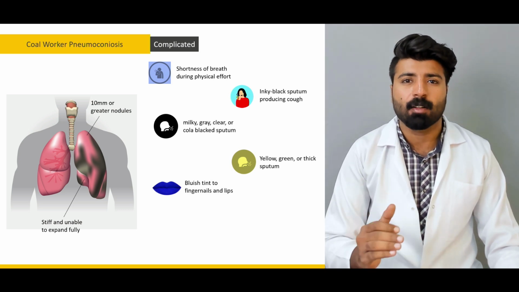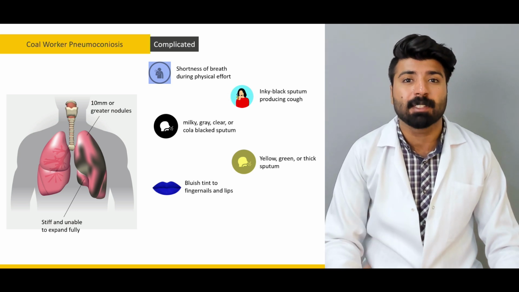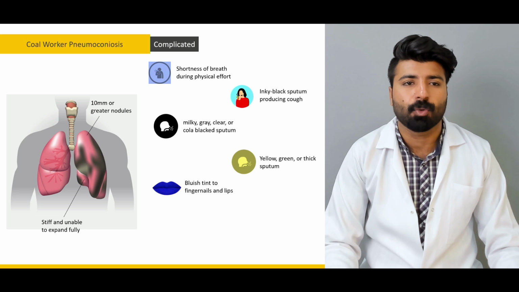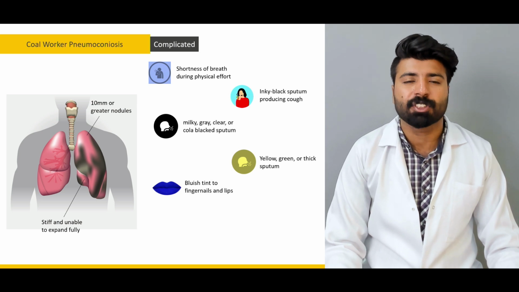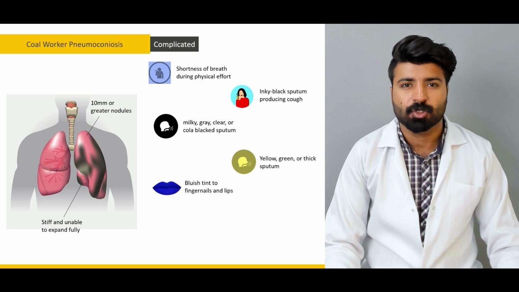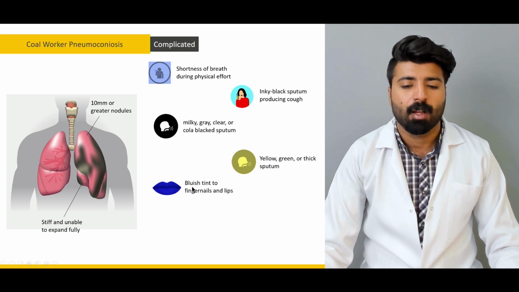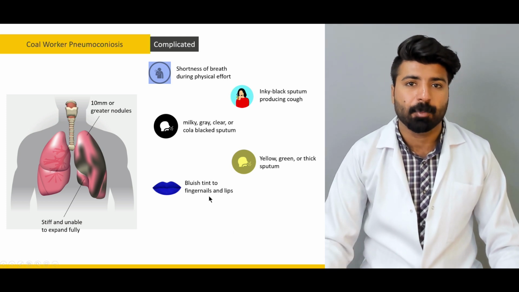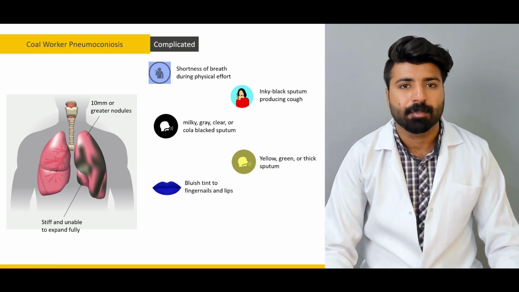So where will that oxygen be supplied? It will be supplied to the basic organs, the vital organs: brain, heart, liver, kidneys. But the amount of oxygen that reaches the peripheral areas is going to be very low. So that's why the deoxygenated blood will get there. And that's why we will get the bluish tint of the fingernails and lips, because these are peripheral areas, distant areas which are supplied at the end of the circulation.